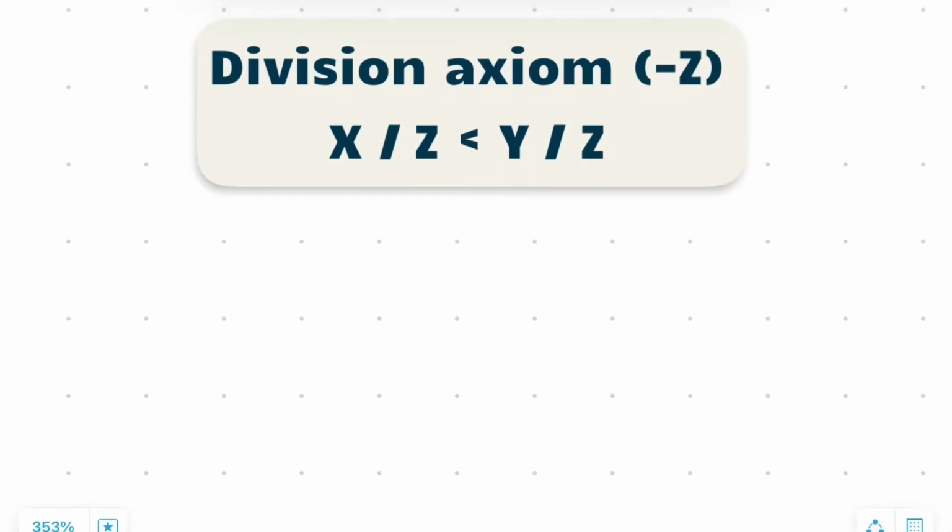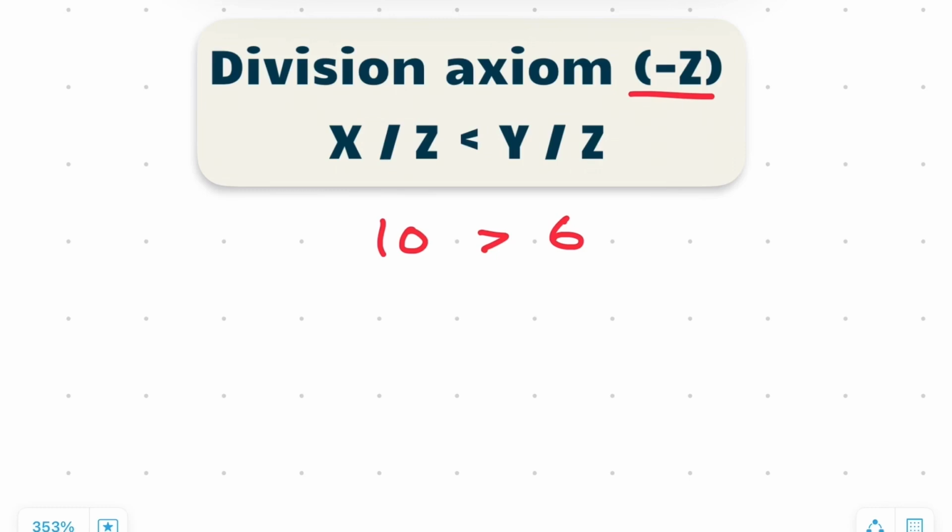For this final axiom, I encourage all of you to try and come up with an example on your own. This division axiom assumes that z is negative and tells us that x divided by z is less than y divided by z. So let's say that I start off with the inequality 10 is greater than 6. In order to prove this axiom, I'd have to divide both sides by a negative number.